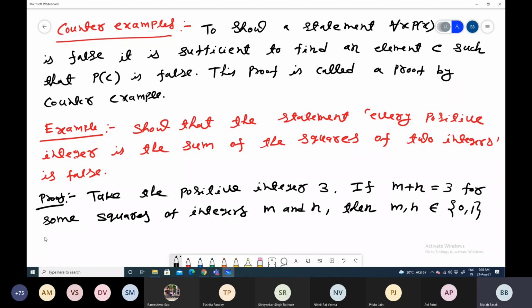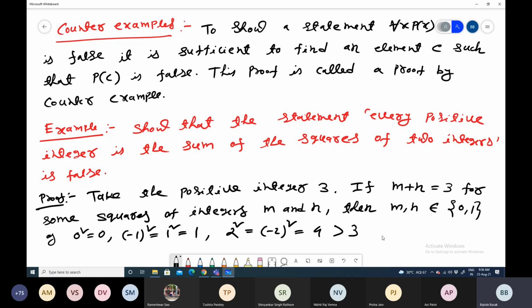Why? Because 0 squared equals 0, and minus 1 squared equals 1 squared equals 1. But if you take 2 squared or minus 2 squared, that will be 4, which is bigger than 3.